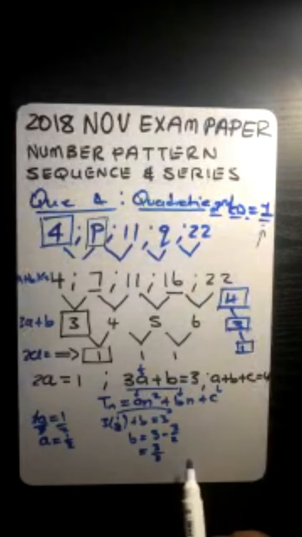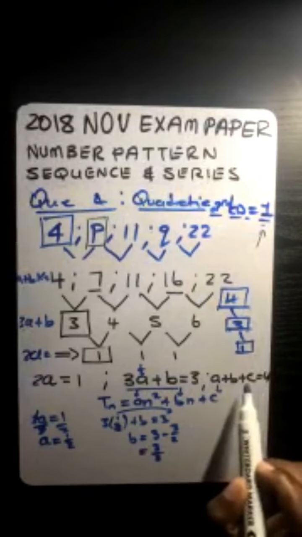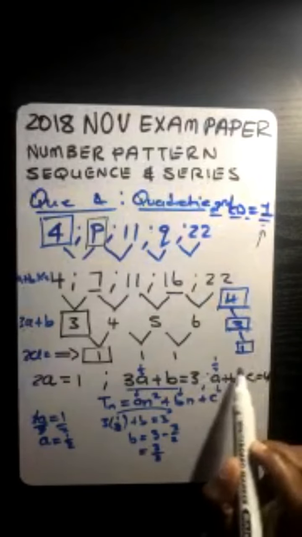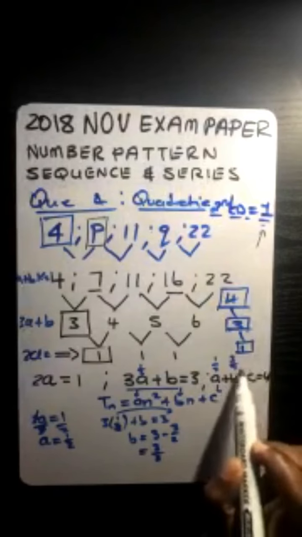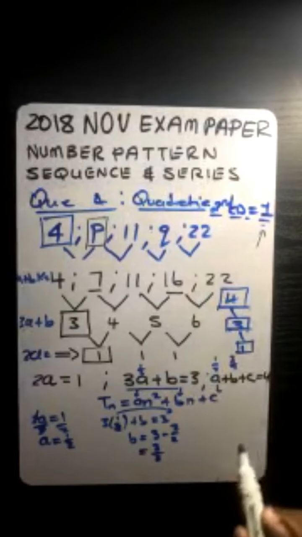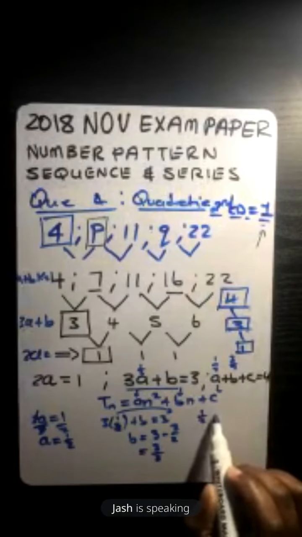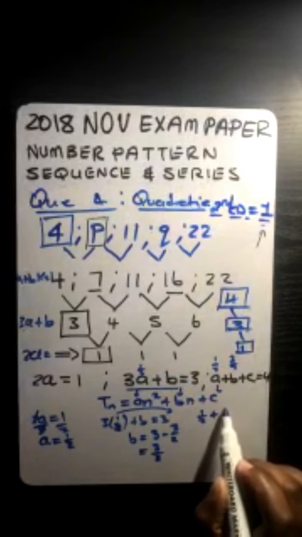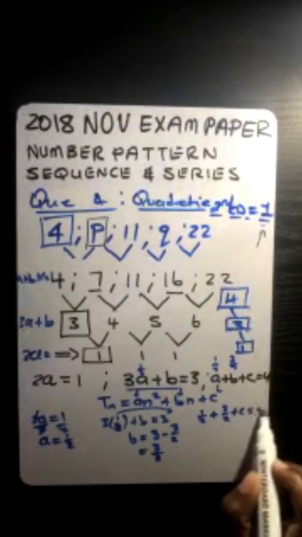Can someone just confirm over there? Okay, so now take our a value and b value and substitute them over there: 1 over 2 as our a value, 3 over 2 as our b. Can someone confirm if my head is telling me correct stuff? Yes, it's 3 over 2. Okay, 1 over 2 plus 3 over 2 plus c equals 4.